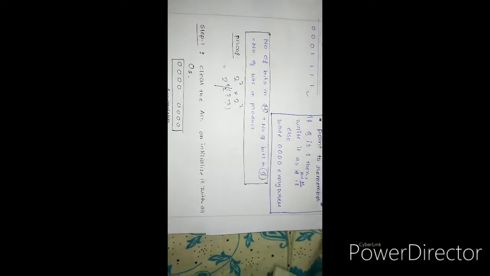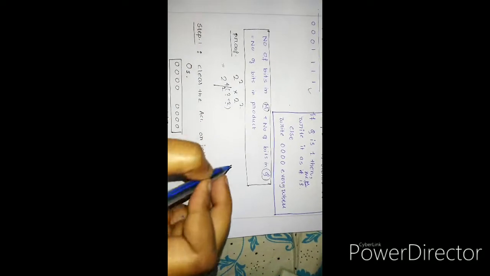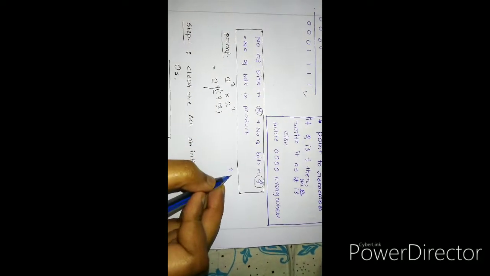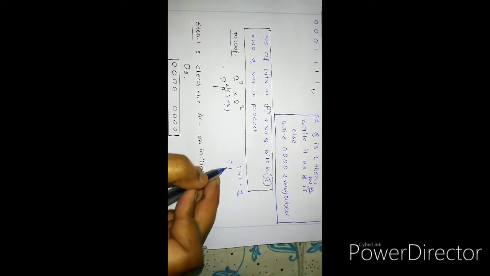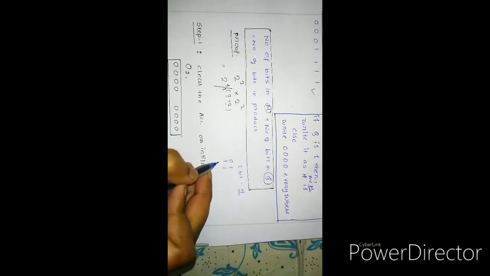Say, for example, a 2-bit number can give us 4 combinations: 00, 01, 10, 11. Suppose I have taken a 2-bit number and then another 2-bit number. 2 to the power 2 times 2 to the power 2 equals 2 to the power 4, so we get 16 combinations.